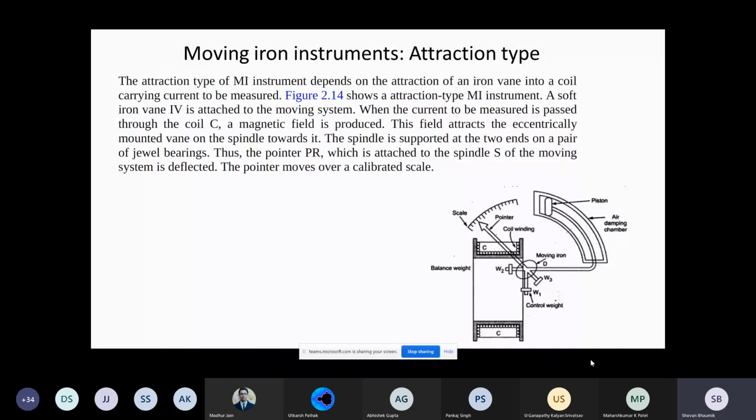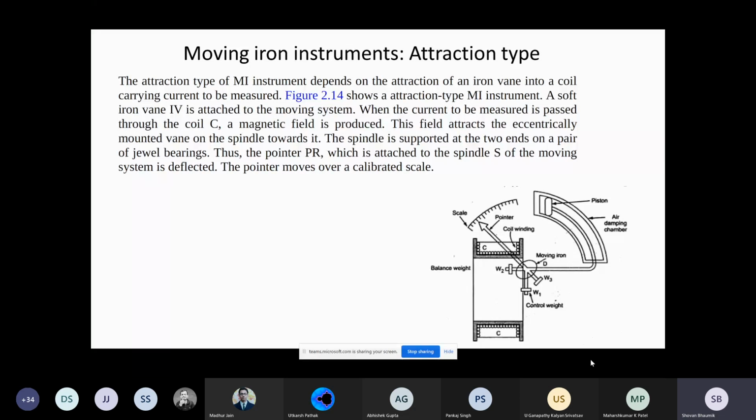Thus, when this is attracted, the pointer will move over the scale, and the scale is calibrated so that the pointer shows the voltage or current that is passing through the coil winding.